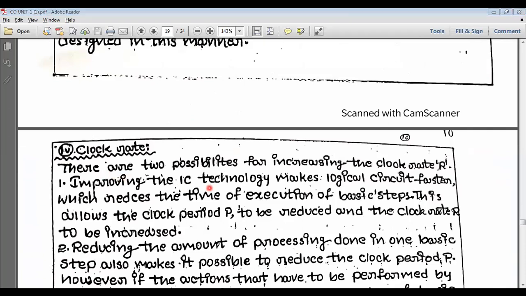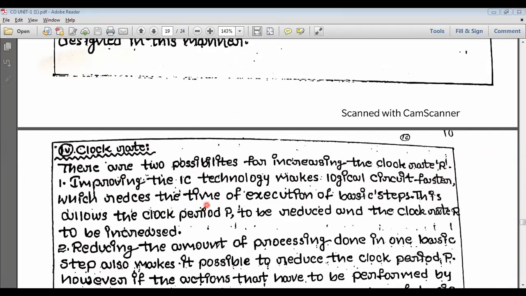There are 2 possibilities for increasing the clock rate R. If we increase the clock rate R, then the execution time will be less. Improving the IC technology makes a logical circuit faster, which reduces the time of execution of basic steps.